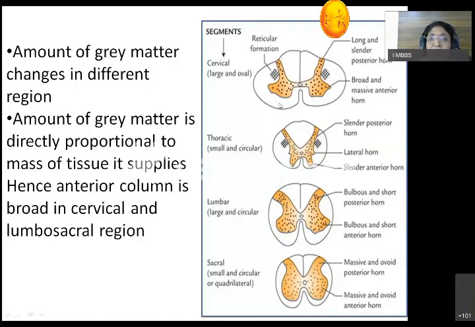So here there is a large amount of motor neurons, and that's why the gray matter is more in the anterior horn in the cervical as well as lumbosacral segments. Thus, the amount of gray matter is directly proportional to the mass of tissue it supplies.